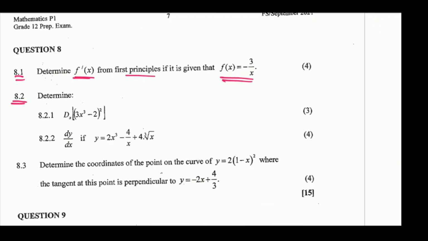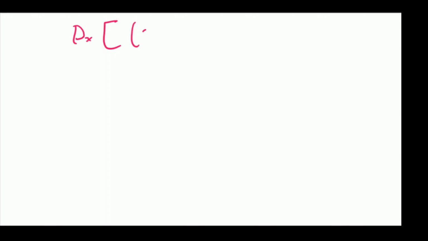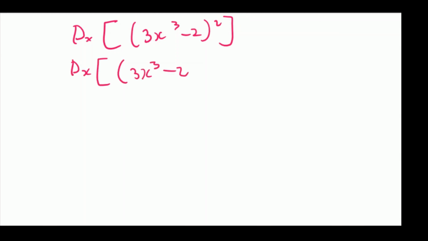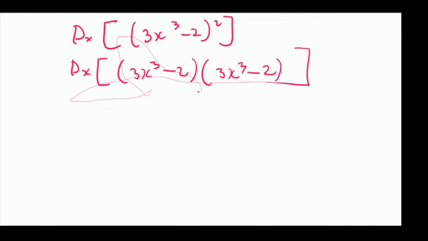8.2, we're going to find the derivative of 8.2.1. So the derivative of this problem here, of 3x cubed minus 2, to the power of 2. So we're first going to expand, so it's d of x into 3x cubed minus 2, 3x cubed minus 2, and we're going to find the product.